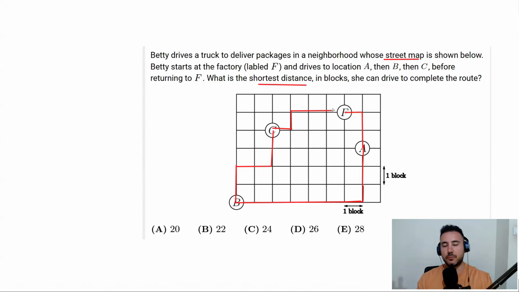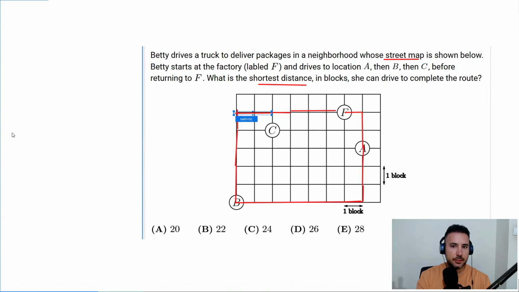Okay, so let's just see why it's always the perimeter of the rectangle we talked about. Look, right? When I move these around, I'm not increasing or decreasing the path that he takes, right? The distance will not change.